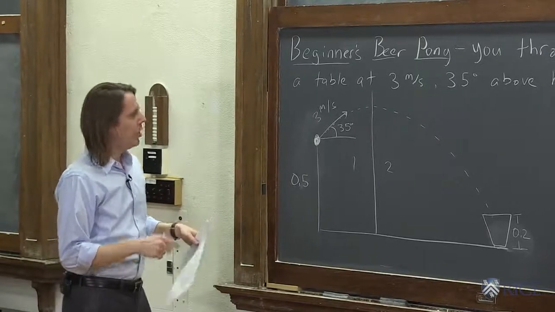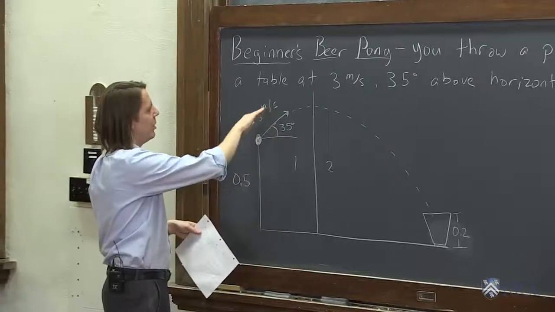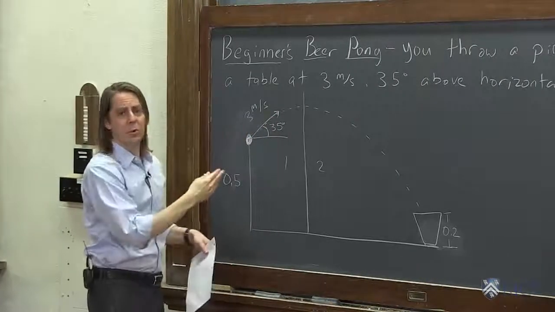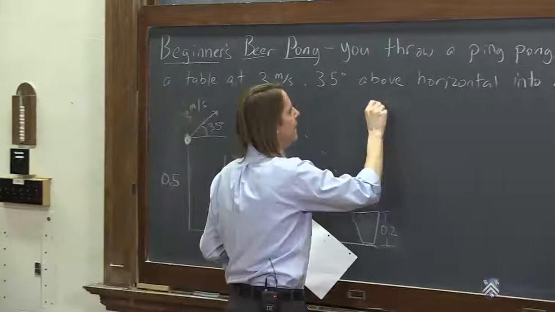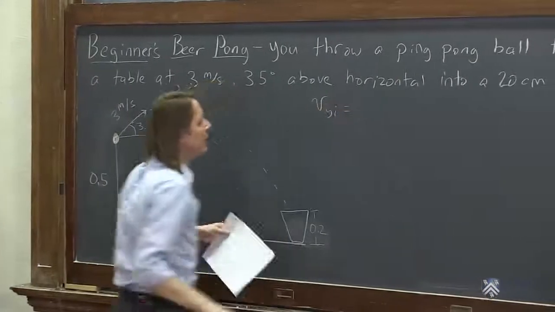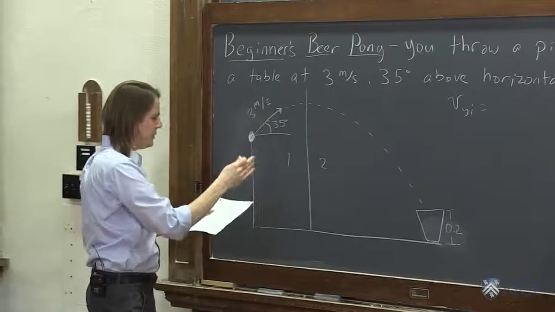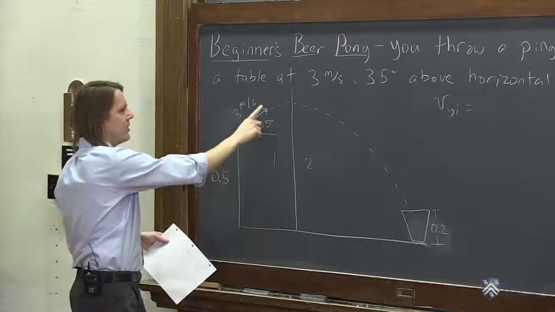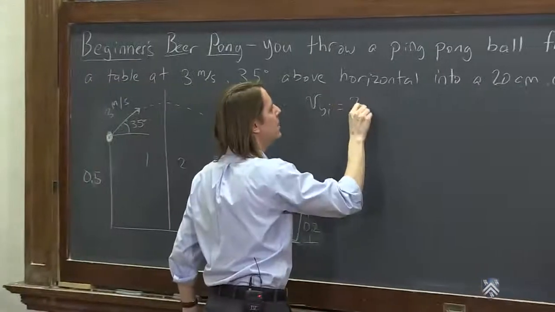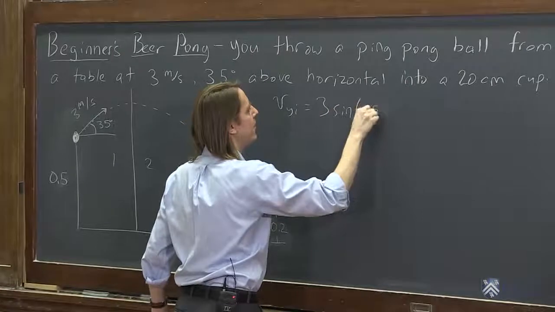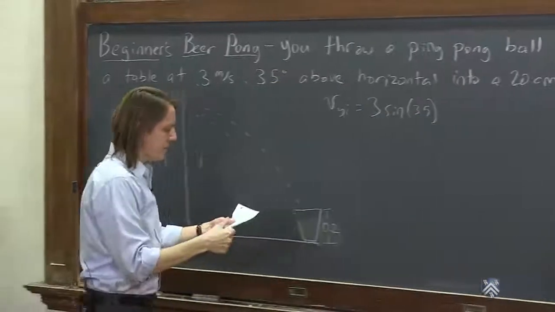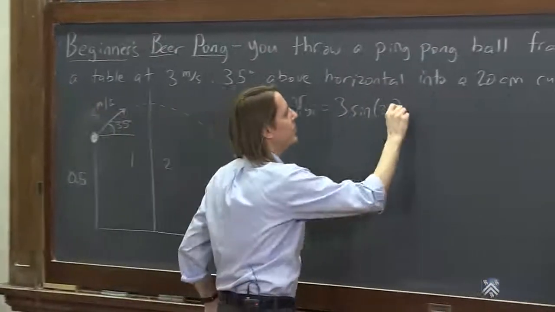All right, so start as you typically would with these. You want to break your v initial into components. So we want to say vy initial is the 3 meters per second times the sine component. So 3 sine of 35 meters per second, which is 1.72 meters per second.